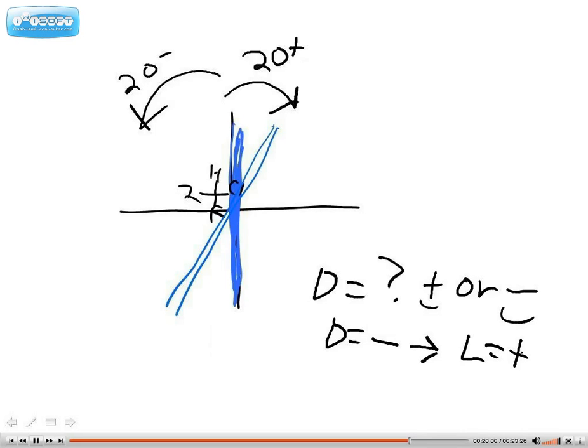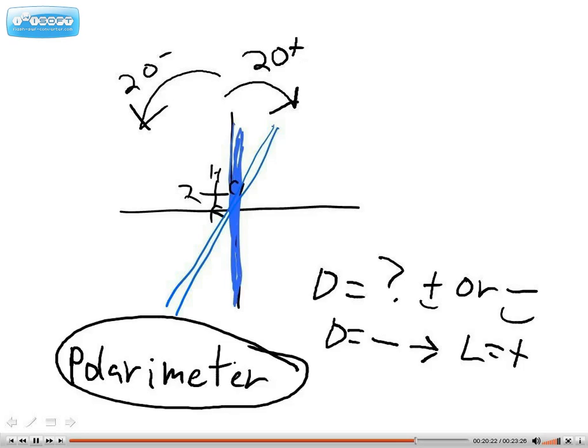But there is no direct correlation between D positive, L minus, or D minus, L positive. You have to do the experiment first. And this instrument which performs the experiment, and this is a great bonus question if you're watching the commentary, is called a polarimeter. That's the instrument name.